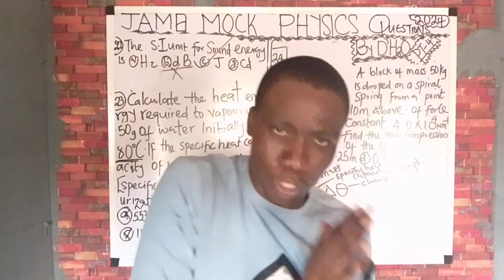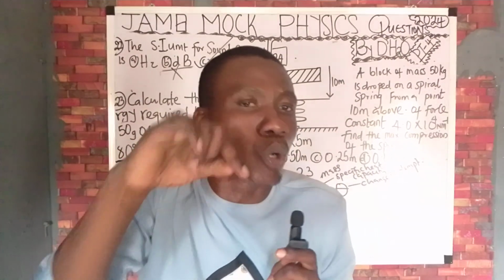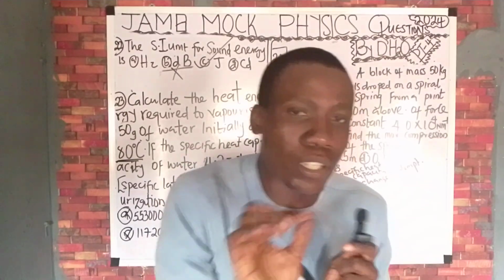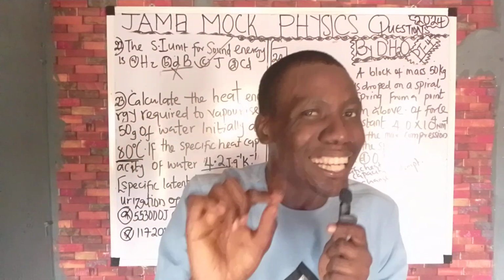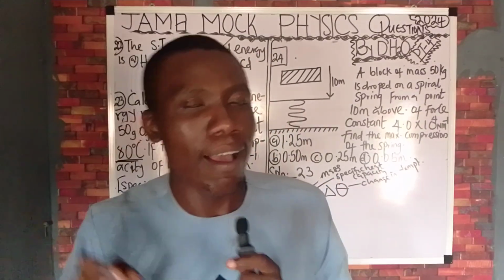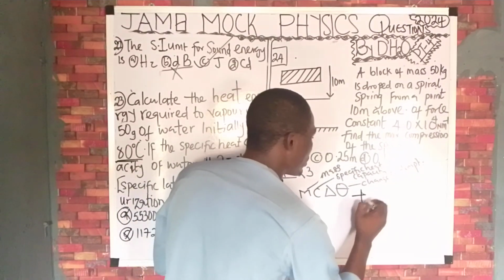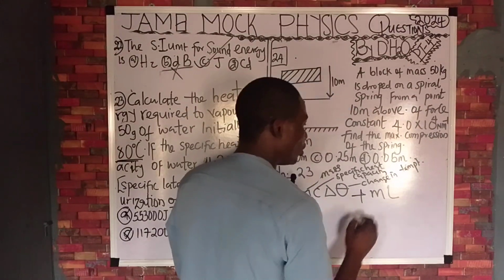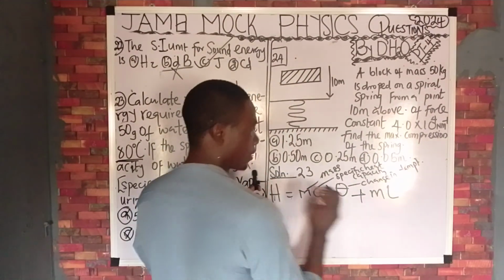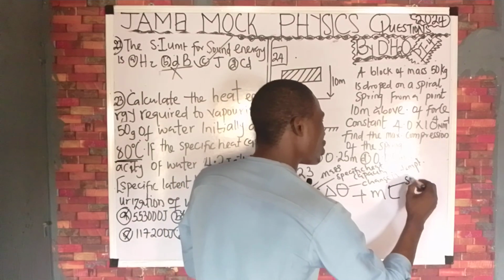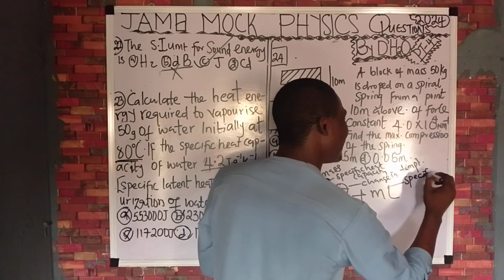But when there is a change of state, the heat energy required to cause a change of state is called latent or hidden heat. The formula is ml, so we have plus ml. Your m still represents mass, while L is called specific latent heat.